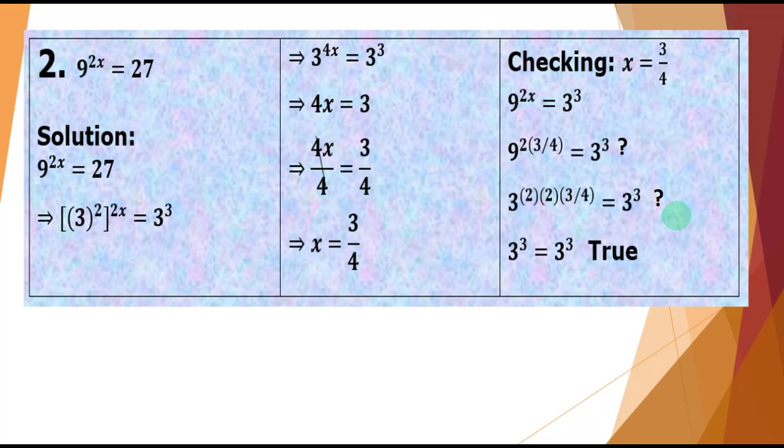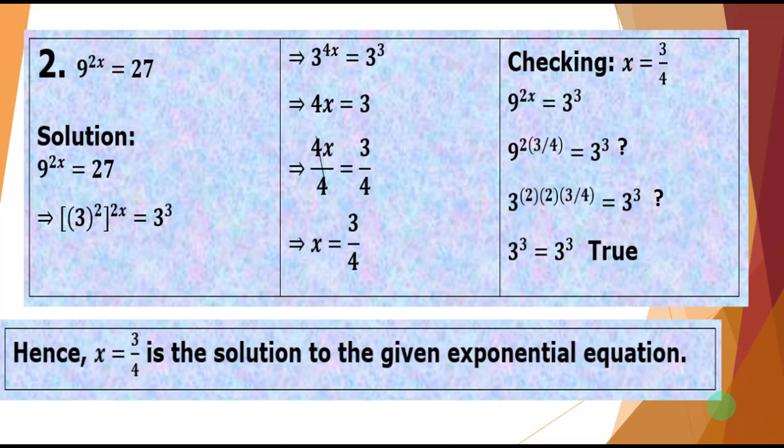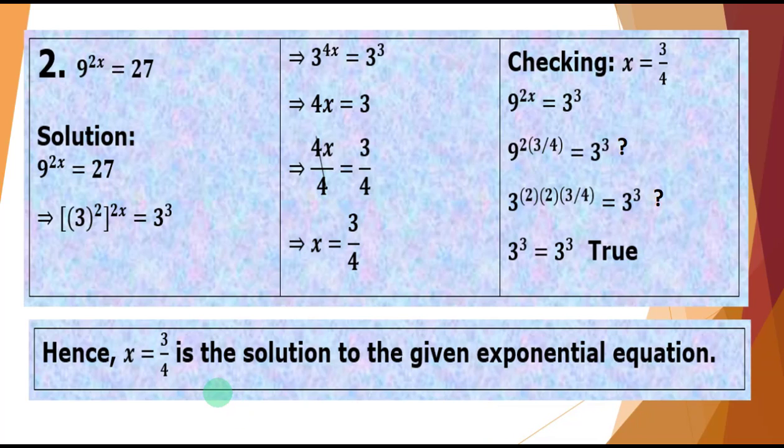Question mark. 2 times 2 is 4, divided by 4 will cancel out, becoming 1, giving us 3 raised to 3. And on the right-hand side, we just copy, and it's a true statement. Hence, x equals 3/4 is the solution to the given exponential equation.